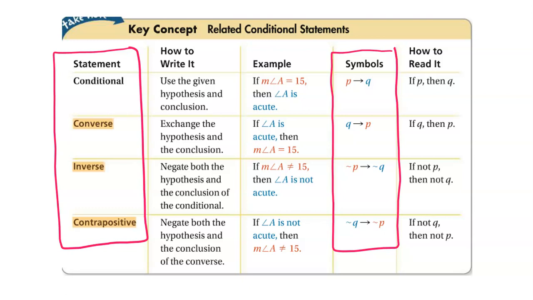The inverse is the same order as your conditional, but each of those is negated: if not P, then not Q. And then the contrapositive, you are switching the order of the inverse. It's if not Q, then not P. So I'm going to put some hints on here.